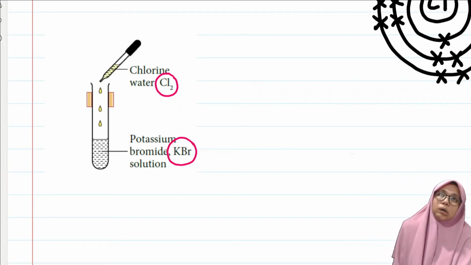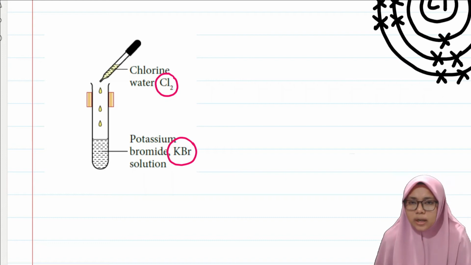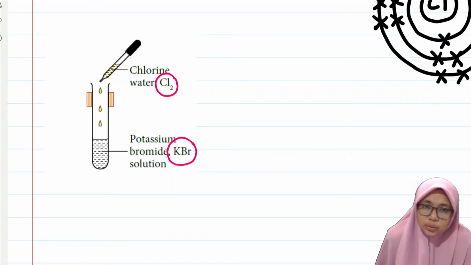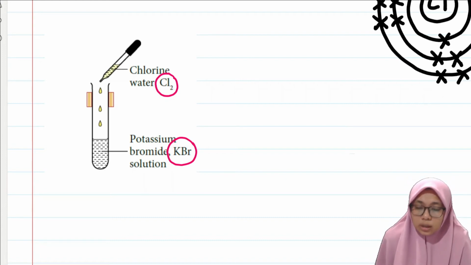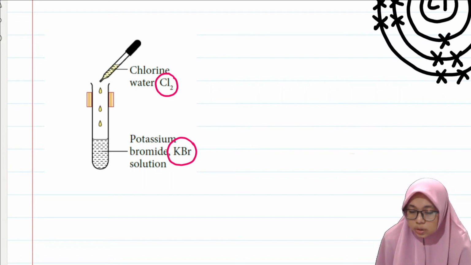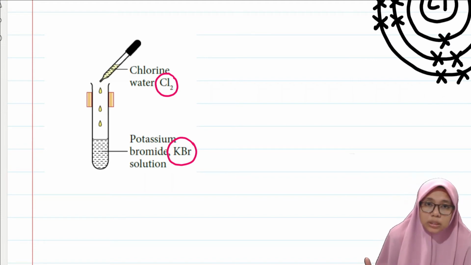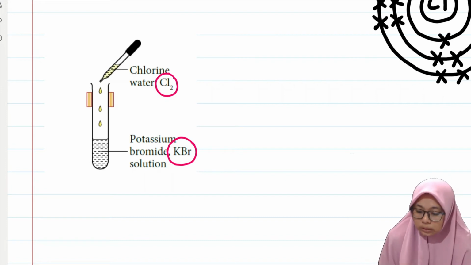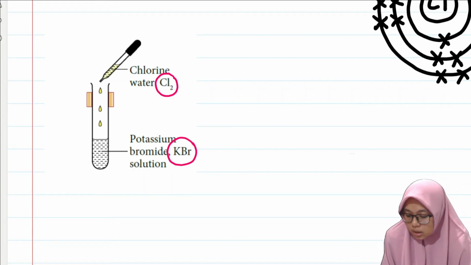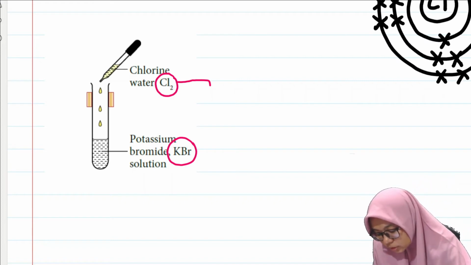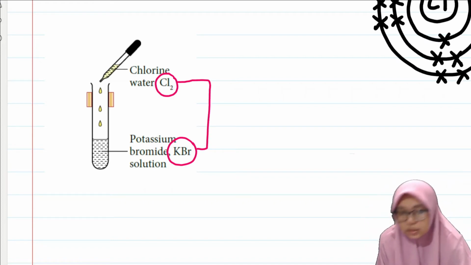Because for all reactions that involve sodium, potassium and ammonium ions, the salt solution is soluble in water. So potassium will always be a positive ion, so potassium bromide is the most suitable solution to use in this reaction.